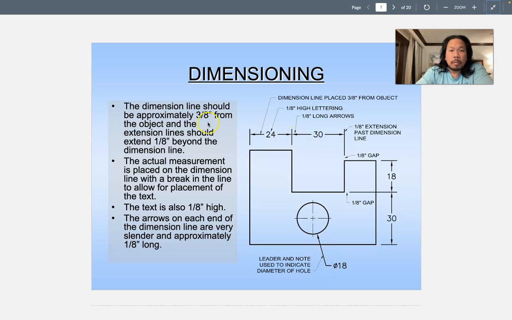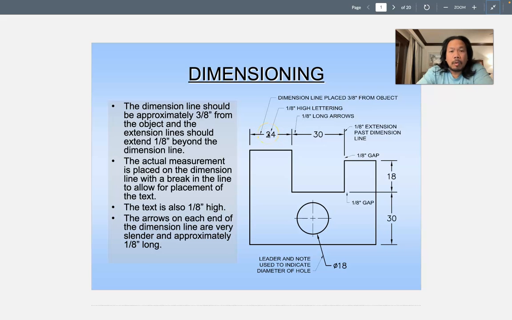Okay, and then here are some rules for dimensioning. It says here the dimension line should be approximately 3/8 from the object. So what they're saying is that this line should be about 3/8 away from the object. Okay, and we're going to just approximate this. We're not really going to measure it with a ruler. And then the letters are 1/8 of an inch height.